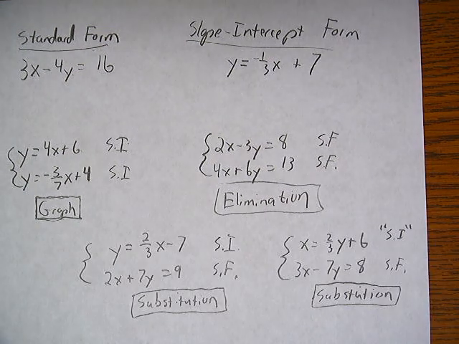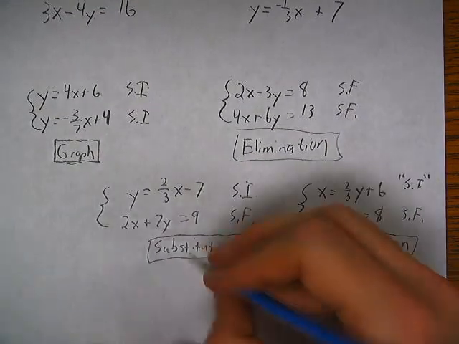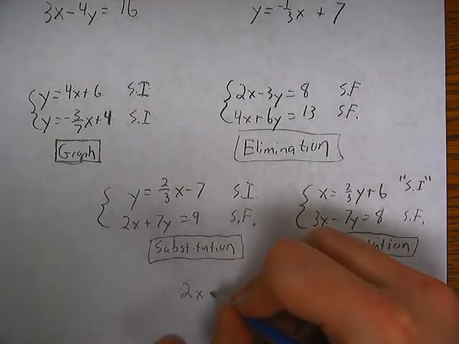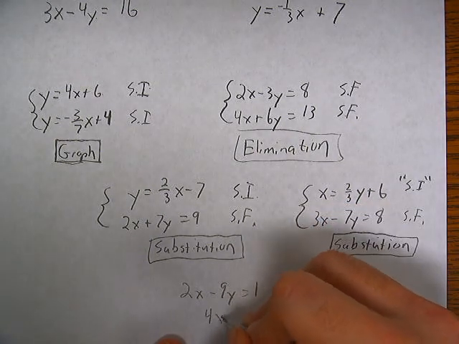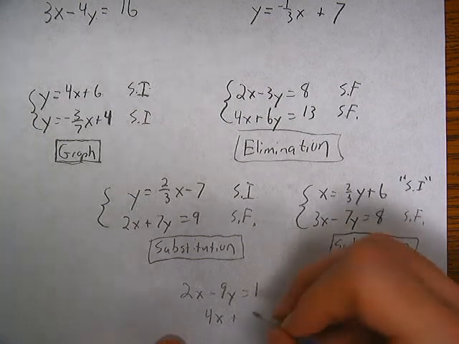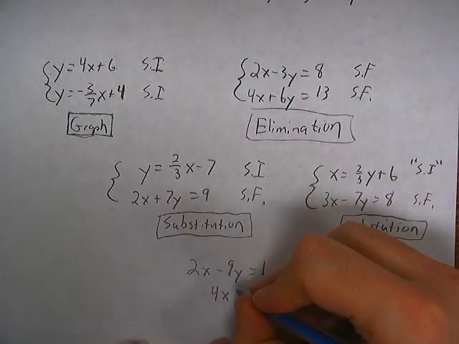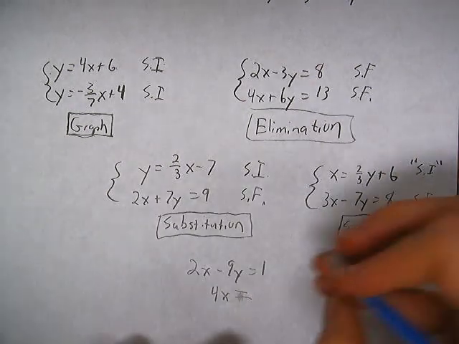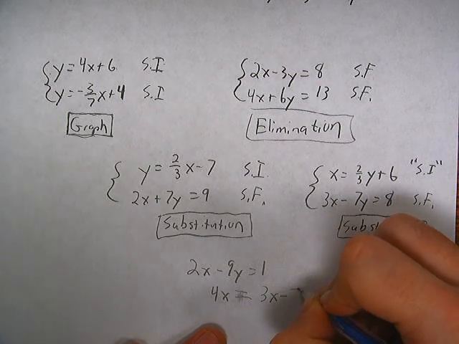Okay? Now there's one more type, and that's one that doesn't quite fit any of those. Let's look at 2x minus 9y is equal to 1, and 4x is equal to 3x minus 7.